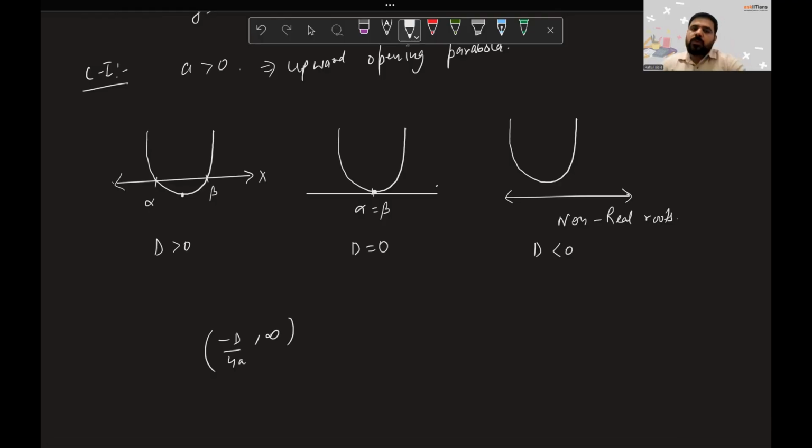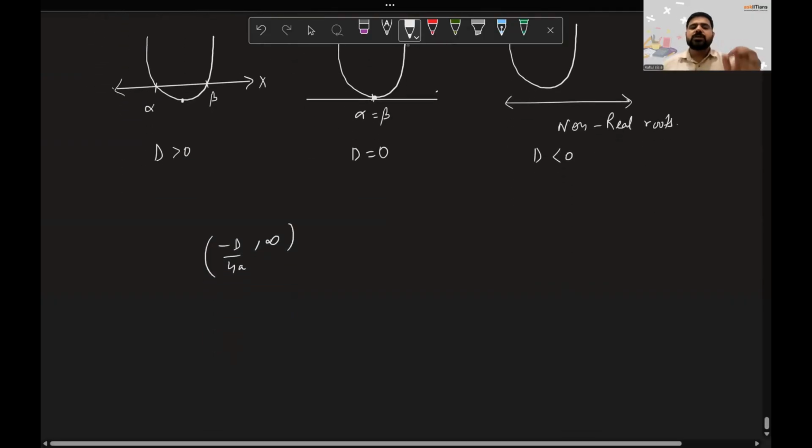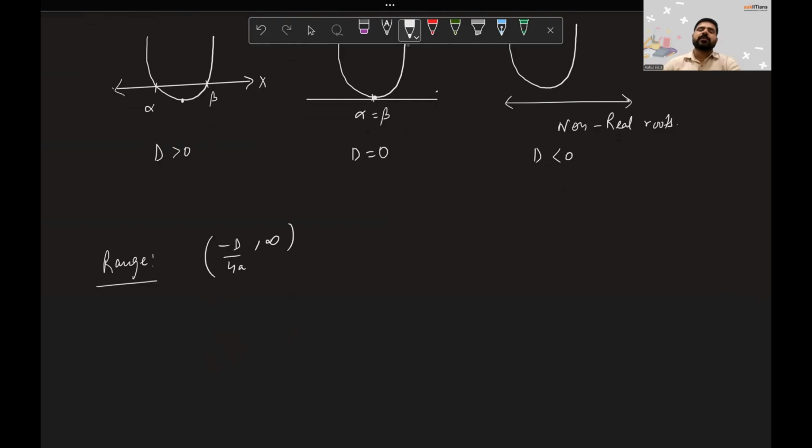Where do we get this from? You'll understand this in the chapter of derivatives, where we find the derivative of the quadratic expression, and then we put it to 0. This is how you'll get it. So not concerned for this chapter. You just have to figure out that the range is going to be minus D by 4a to infinity in this case.